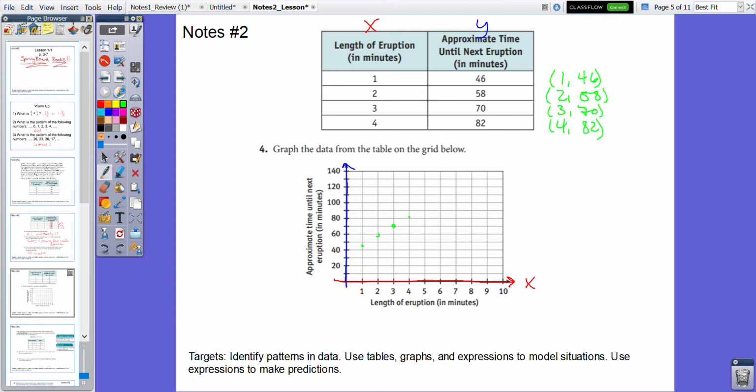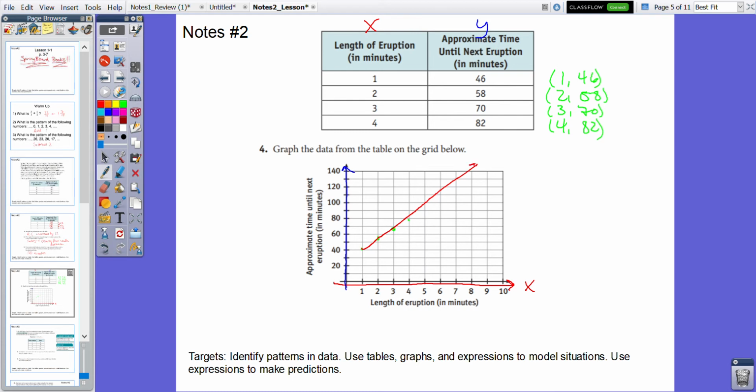Okay. Now, if you notice, looking at these points here, because we know that the right-hand column increases by 12, we can safely assume that if we were to put a line through these points, if we were to connect these points, we're going to see that these create a straight line.